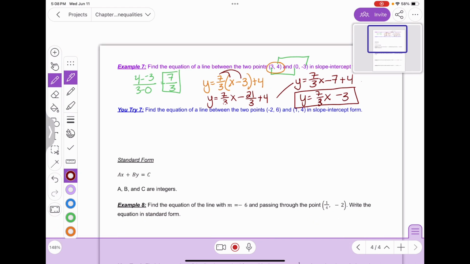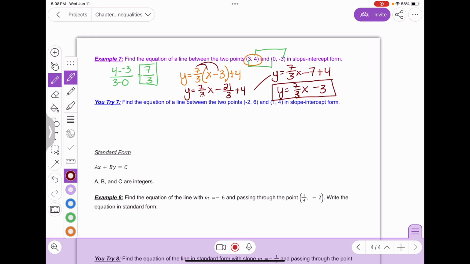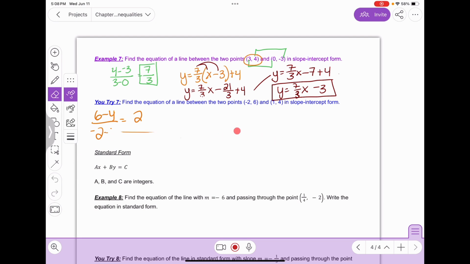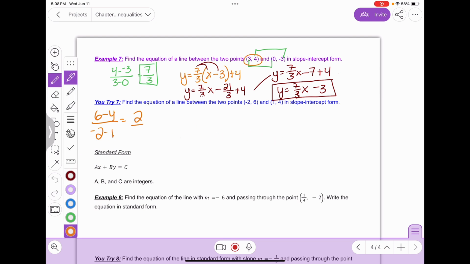So pause the video and go ahead and try it. All right. So 6 minus 4 is 2. Negative 2 minus 1 is negative 3. So that's your slope. Put it in point slope form, negative 2/3 times x plus 2 plus 6.